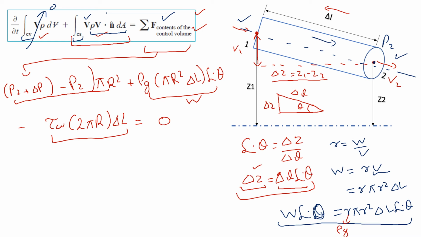So now let's do that and simplify, and we will get a simplified equation: delta P pi r square plus rho g pi r square delta z minus shear stress 2 pi r delta L is equal to 0.